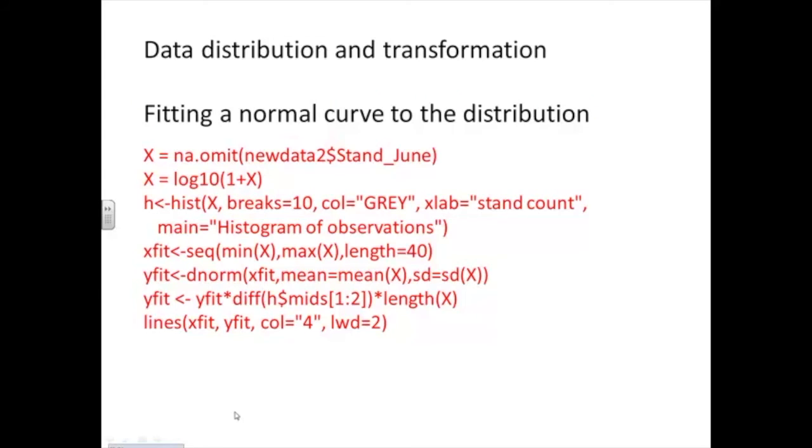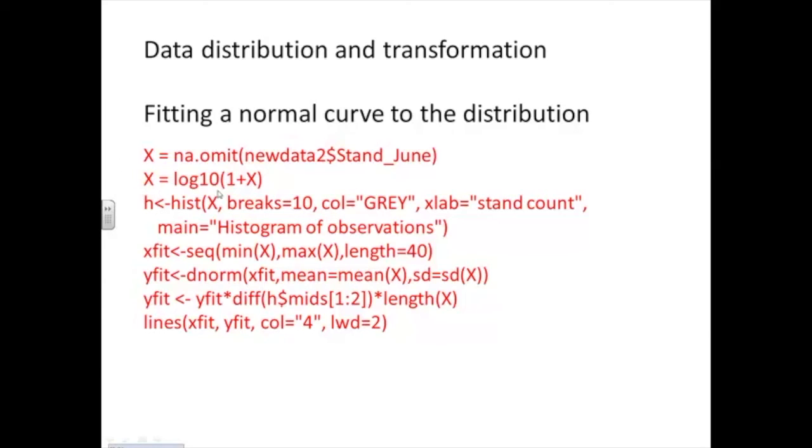Okay? So again, we can look at our data distribution and we can consider whether a transformation is needed. Okay? And so here I'm giving you the code that can be used to fit a normal curve over our data. So it gives us kind of a reference.